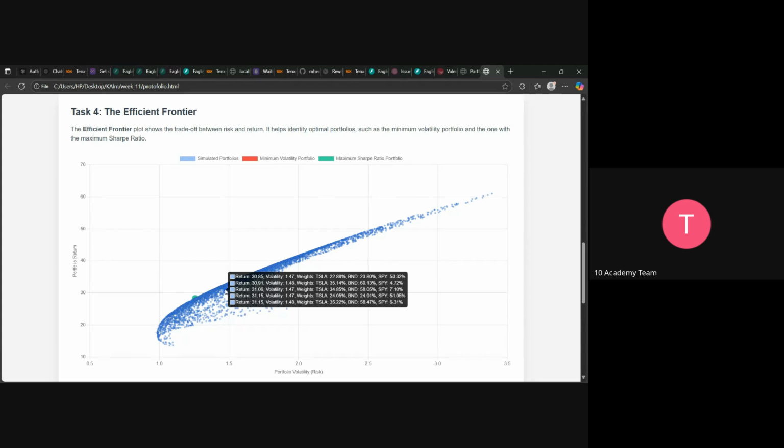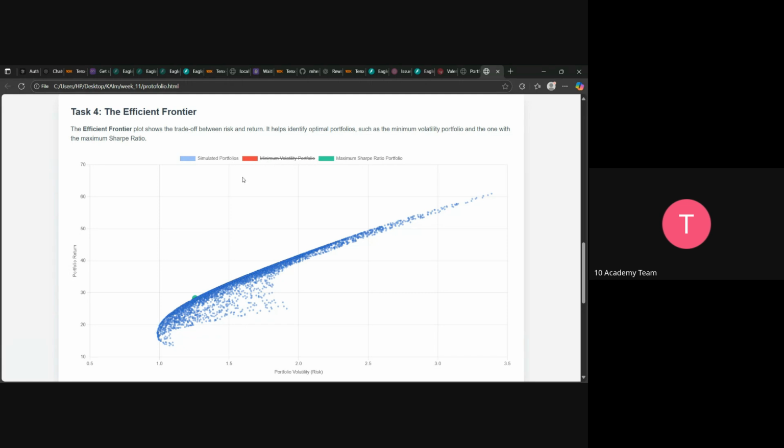You can see that the return is 31, their volatility number, their return number, and the weights for Tesla, the BND, and all three companies. So from this graph, what we need is the maximum Sharpe ratio and the minimum volatility portfolio.